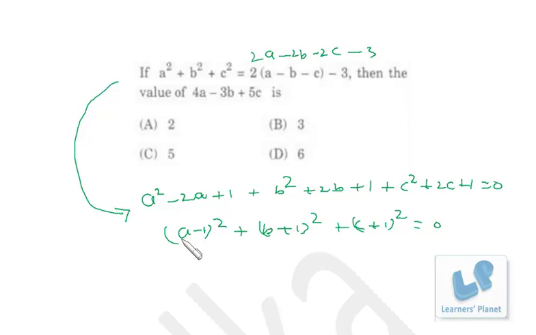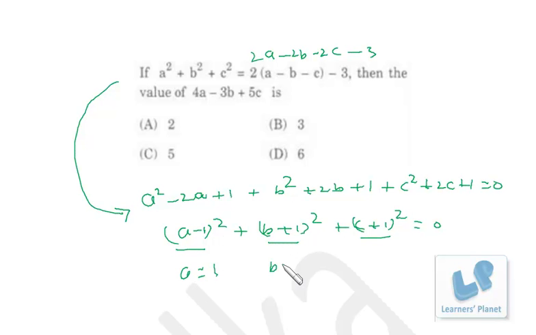So whether they are negative, then also by taking the square they will be converted to a positive quantity, right? So a minus 1 whole square is positive, b plus 1 whole square is positive, and c plus 1 whole square is positive. So if you add three positive numbers, you cannot get 0. Only in one case you will be getting 0, if this is 0, this is 0, and this is 0, right? So we have to assume a minus 1 to be 0, that means a is equal to 1.